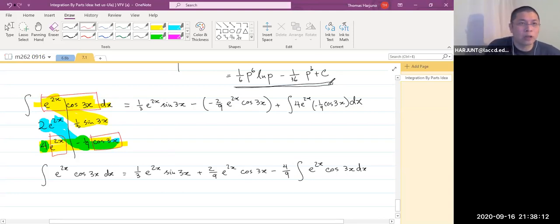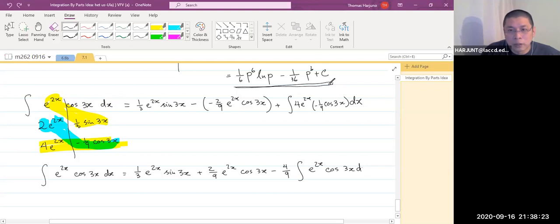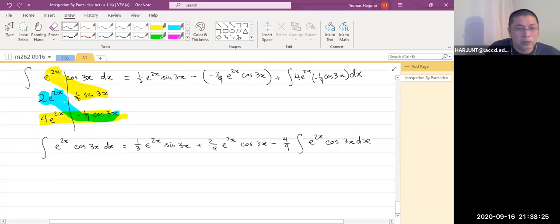So we have the following situation. Sometimes I don't want to color too much because it may be confusing later on. Now suppose I call this my I. You see this integral here is the same as this one, right?